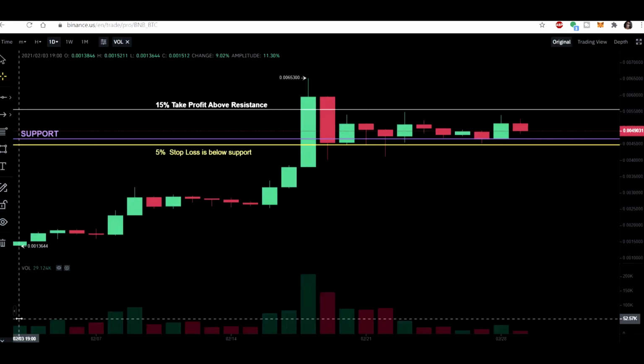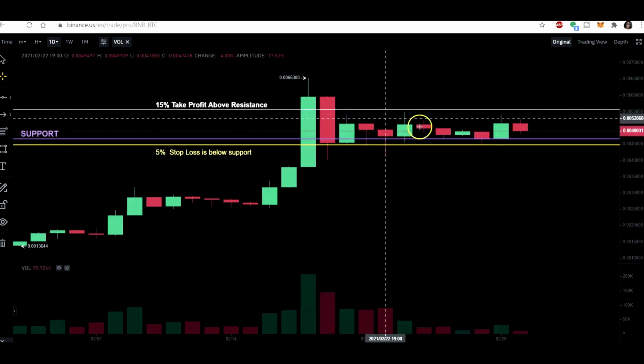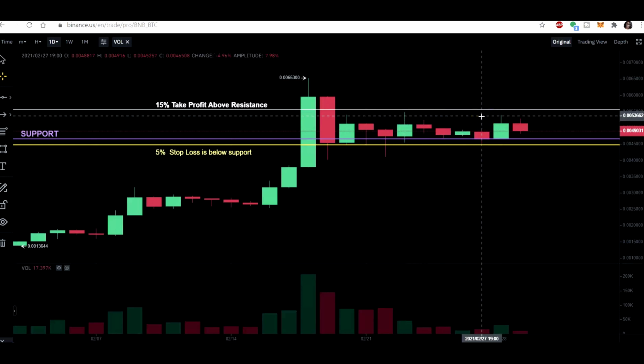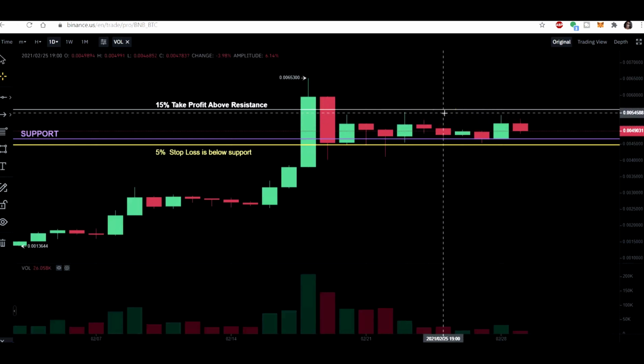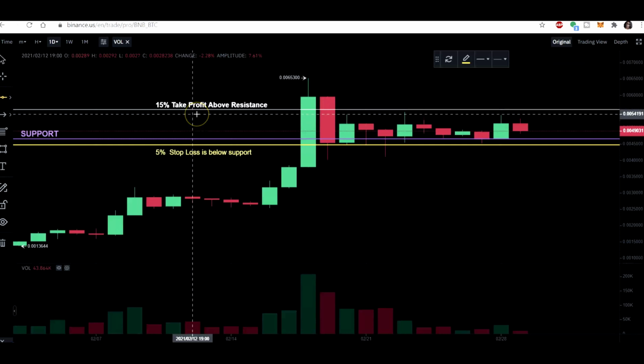So on this graph, I show the 15% take profit, which is taken just above the line of resistance. Because if you look at this wick and this wick and this wick, and if we draw a line right there, it gives us a line of resistance.